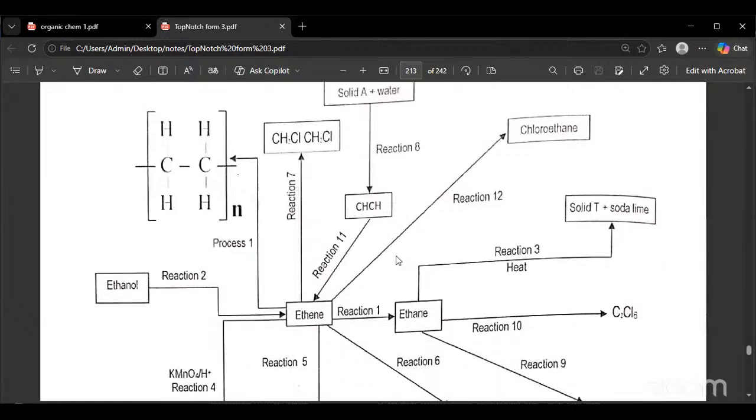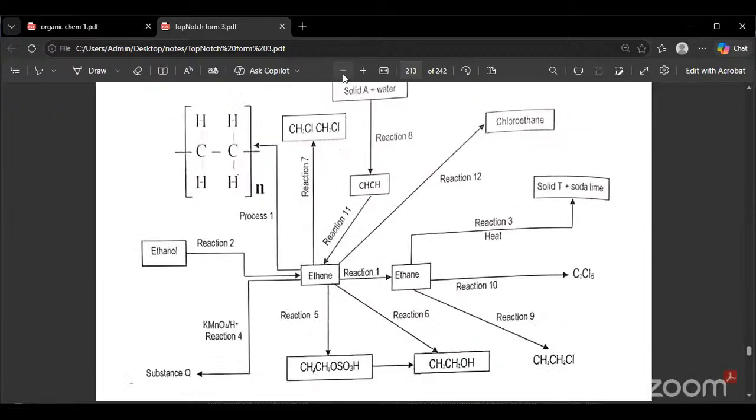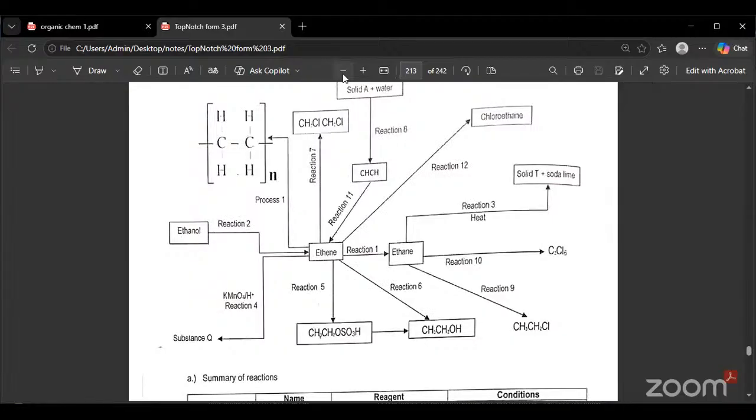The person I wanted this summary for, I don't know if I should zoom out so everyone can see. Can I zoom out? Let me zoom out. I want the whole thing. Yeah, I wanted something like this.